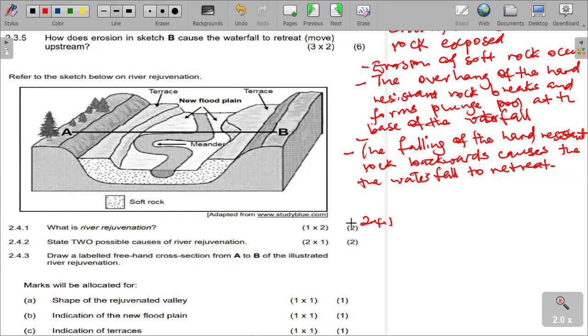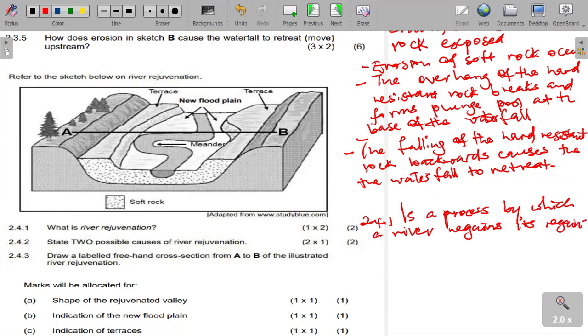So the definition is that river rejuvenation is a process by which a river regains its energy such that it can erode vertically, or cause downward erosion again.